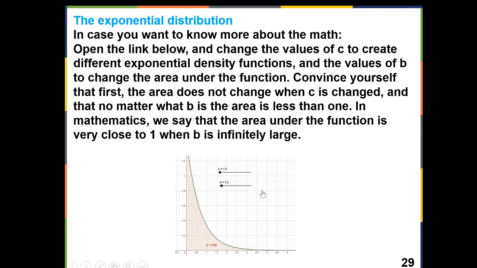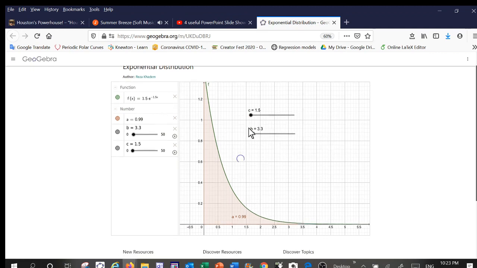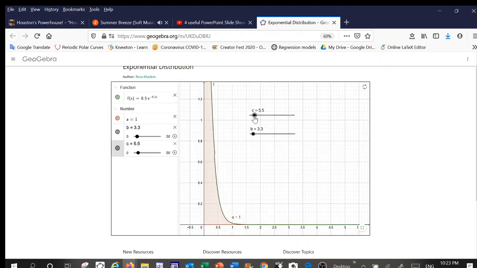So actually I can go to the GeoGebra site and show you what it looks like. With different values of m, we get different distributions, as you see. This number is m right here, and the formula is given right here.